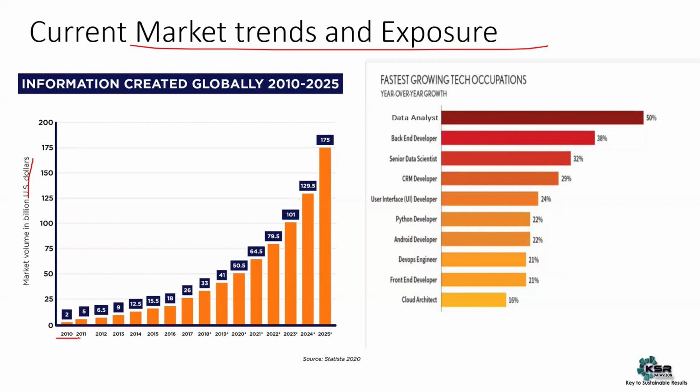Back in 2010, it was 2 billion US dollars spent in the market to understand how the data works, but somewhere in 2024, it increased to $130 billion. And going further, it would be 175, or if you take 2026, somewhere it would reach $200 billion, which is being spent on the current data.